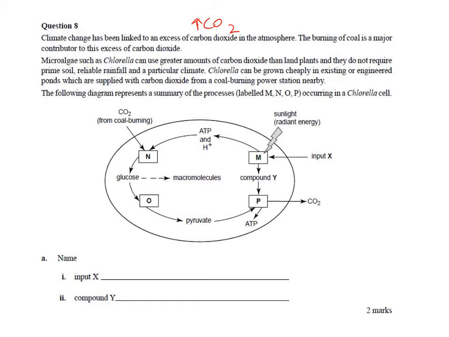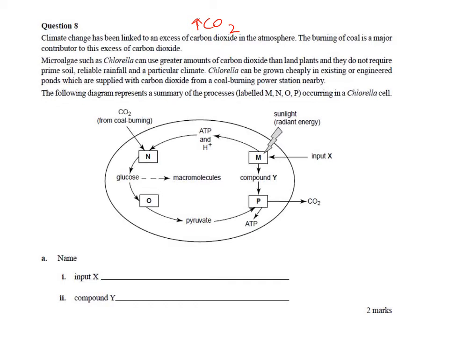The question goes on, and we're not going to look at all of it. The question goes on basically to look at whether chlorella is a suitable organism to be used in farming and production because of how it works. But I just want us to focus on the relationship here between photosynthesis and respiration.